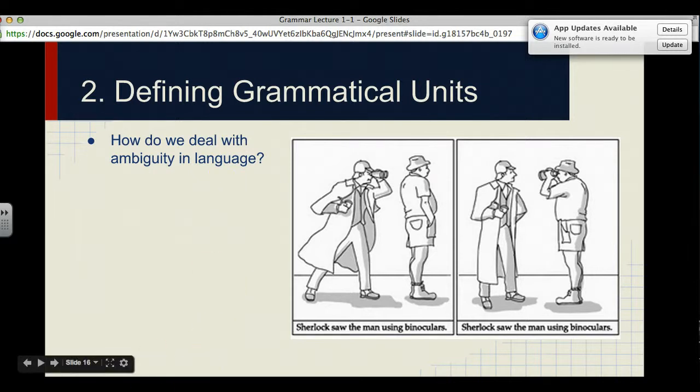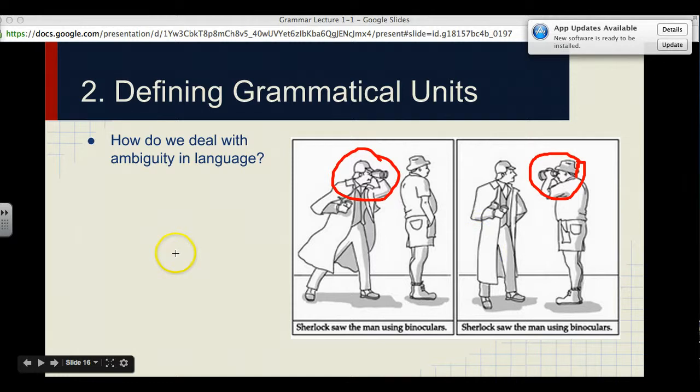If we look at this illustration over here and we think back to our sentence, there are two different ways that we can interpret that sentence. If we look at this first one, Sherlock saw the man using binoculars. Here we can see that Sherlock is the one using the binoculars. And in this other one, Sherlock saw the man using the binoculars. Here the man is using the binoculars. And so that's a particularly ambiguous sentence.